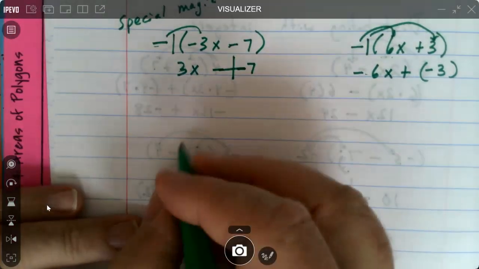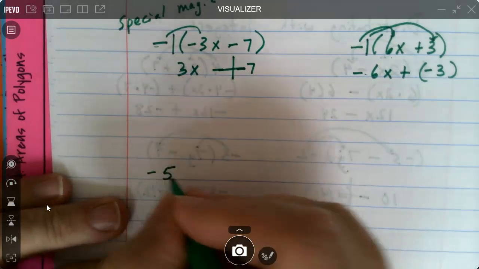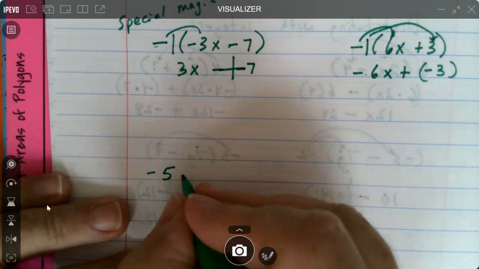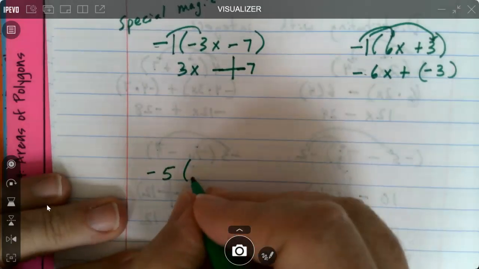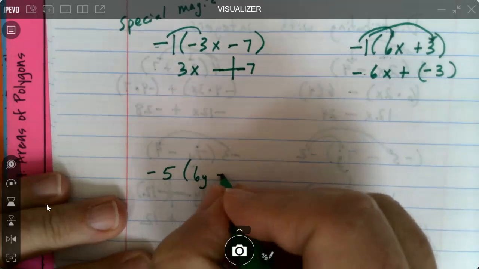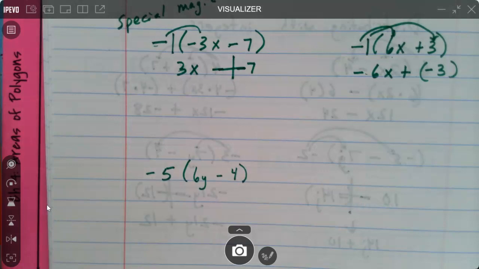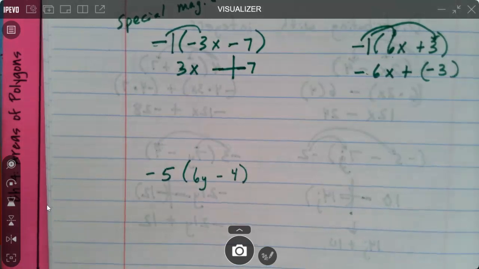Okay, I got a couple I want you to try on your own. So let's go back to what we did at first. So we'll do negative 5, and we'll do 6y minus 4. I'll give you a second to solve that.